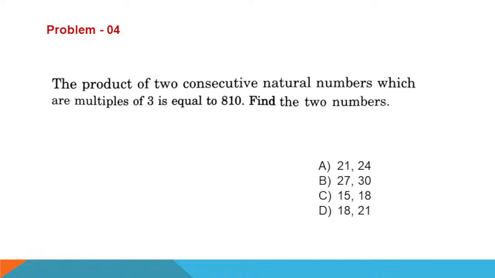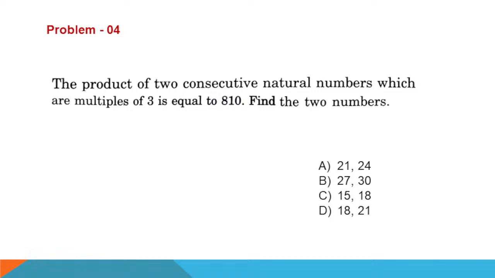First you read the problem carefully. The numbers, actually all numbers are multiple of 3. Here all numbers are multiple of 3 and you have to find the consecutive two multiples of 3. Two consecutive multiples of 3.